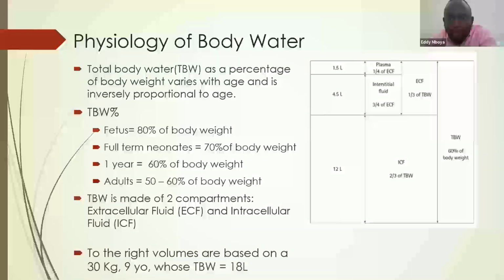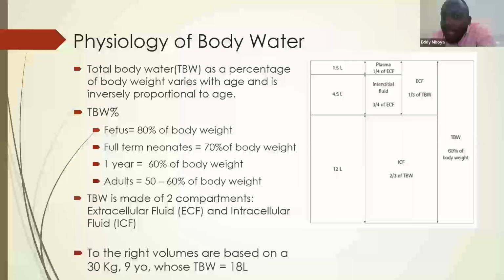Like in this image that we have projected, it gives us an approximate total body water of a 30 kg child who is 9 years old. At a percentage of approximately 60%, this child's total body water comes to around 18 liters, and a third of it is extracellular fluid volume.